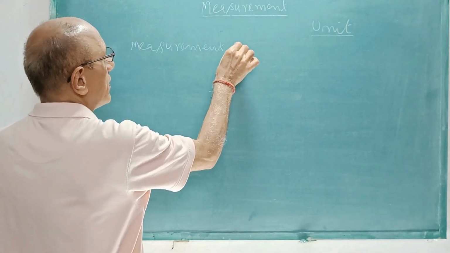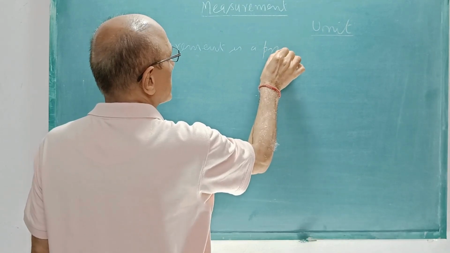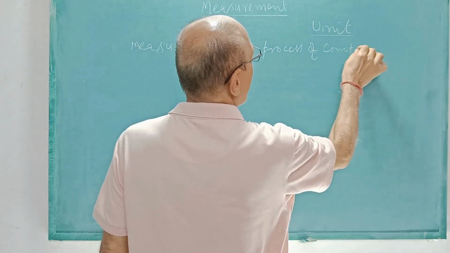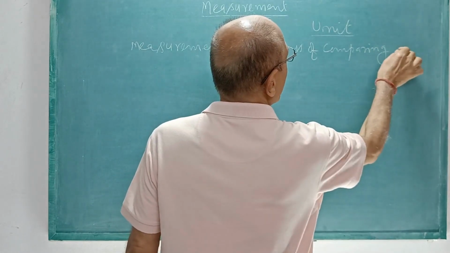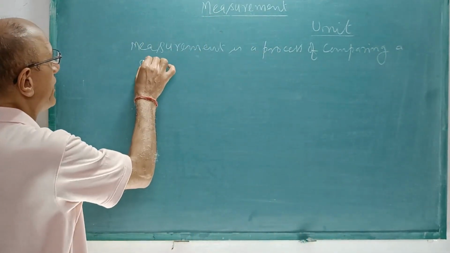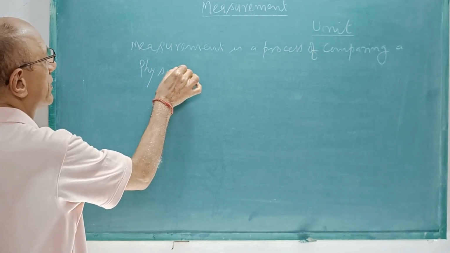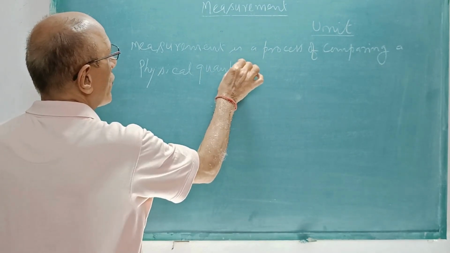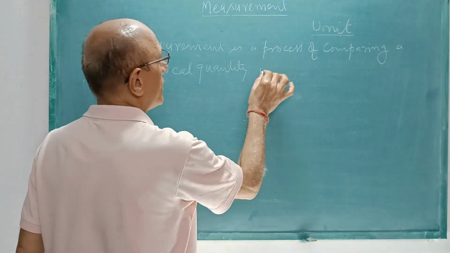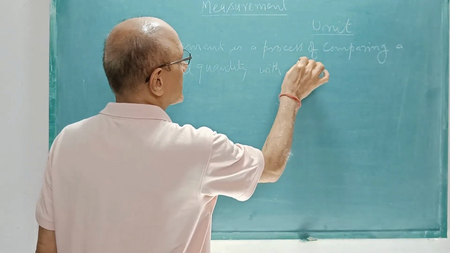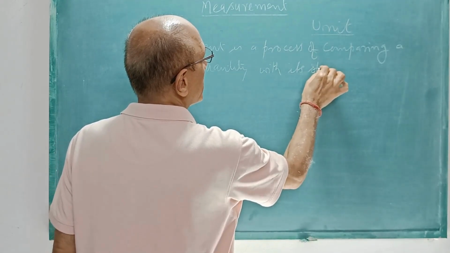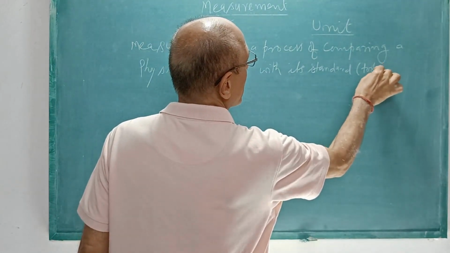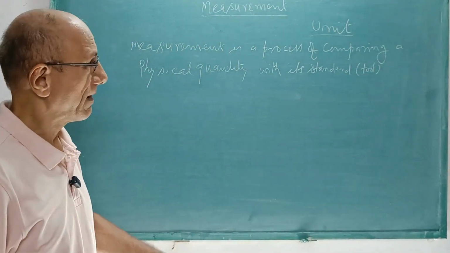If the person has a smaller hand, then he will have more counts, and if the hand is longer, then the counts will be less. So if you define a certain rate this way, again there will be a problem and everybody will not agree with these measurements. So then we need a standardized tool, that is called the unit.